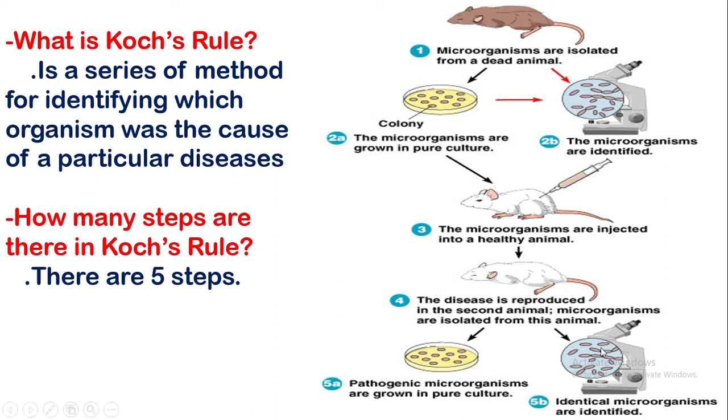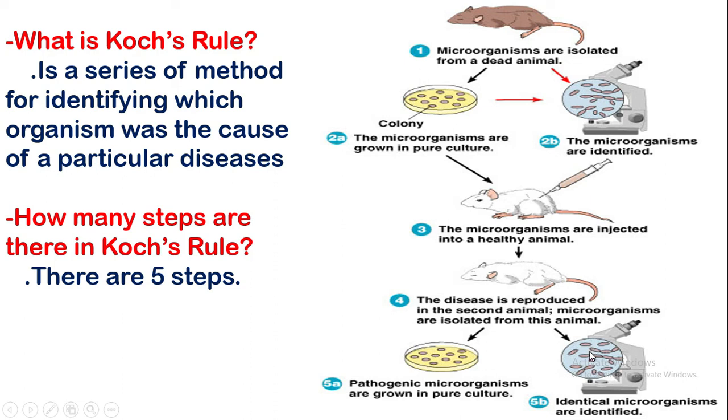After that, what happened in such step? It died, right? Yeah, it died again. Okay, so the disease is produced in the second animal, and the microorganism is isolated from the animal. After this animal dies, the microorganism is isolated again and grown in a pure culture again, okay. And then in this step, after they isolate it and grow it in a pure culture, they observe it under a microscope again.